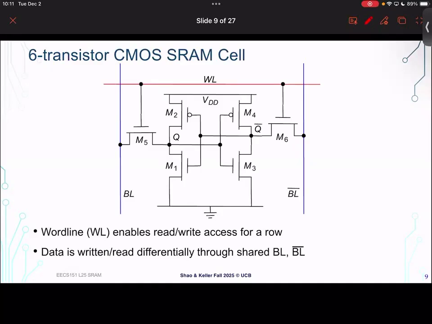This is the exact same thing. It looks a lot more intimidating because it's all transistors, but all we've done is write the inverters as NMOS and PMOS transistors, which if you think about it is not too scary. So here's an inverter. Here's an inverter.